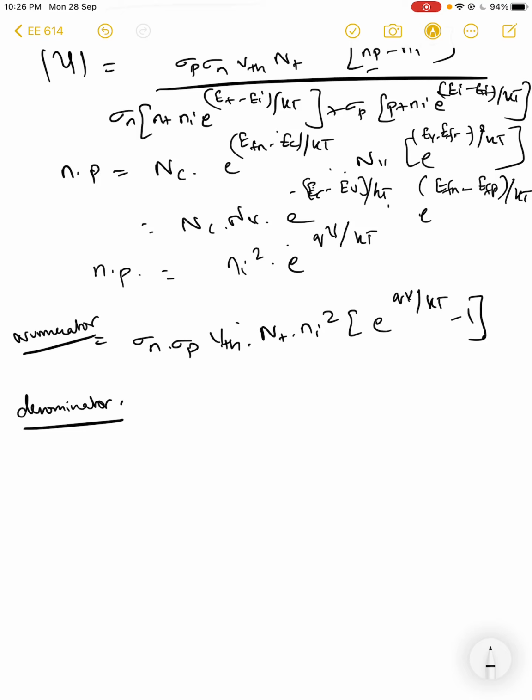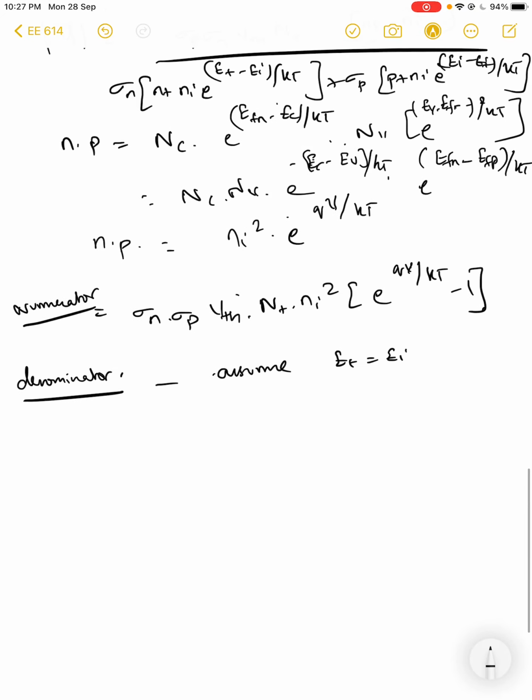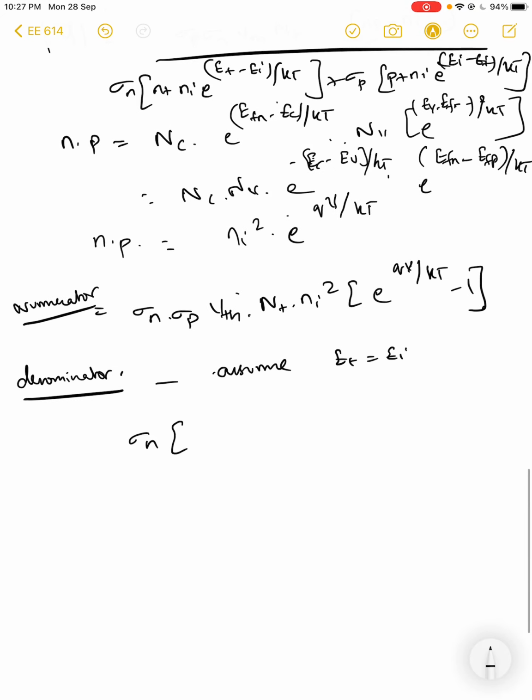Let's consider the maximum recombination rate, which happens when the trap energy is close to the intrinsic level, right? So we are going to assume Et is equal to Ei, like we did last time, right? So the denominator will turn out to be sigma n (n plus ni) plus sigma p (p plus ni).